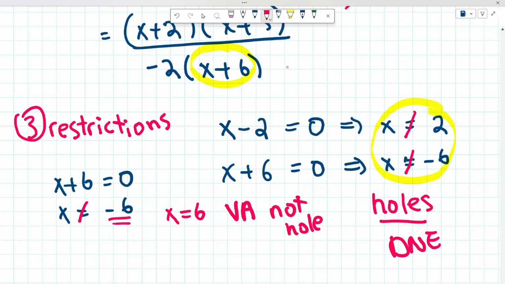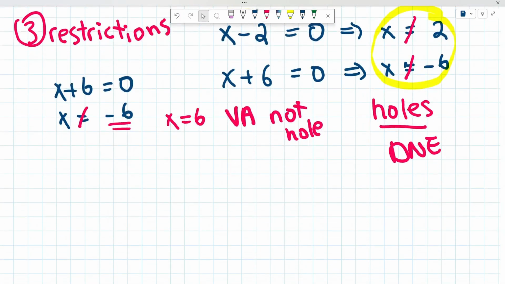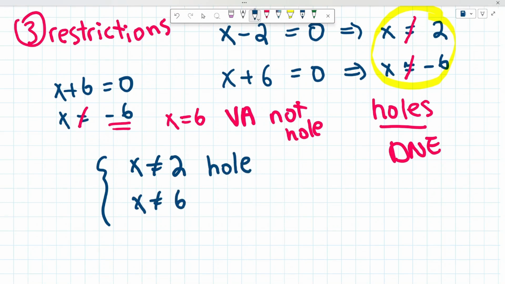So that is a little bit tricky. Whatever we have left on the bottom becomes our vertical asymptote. Let's do a little summary of that. Our restrictions then are x cannot equal 2, and we said that is a hole. And then x cannot equal negative 6, that is going to be the equation of our vertical asymptote at x equals negative 6.